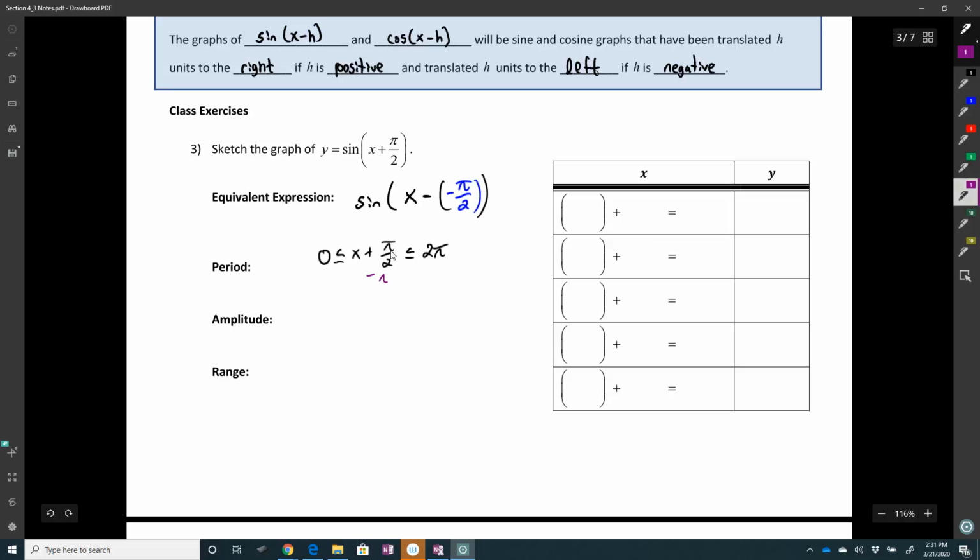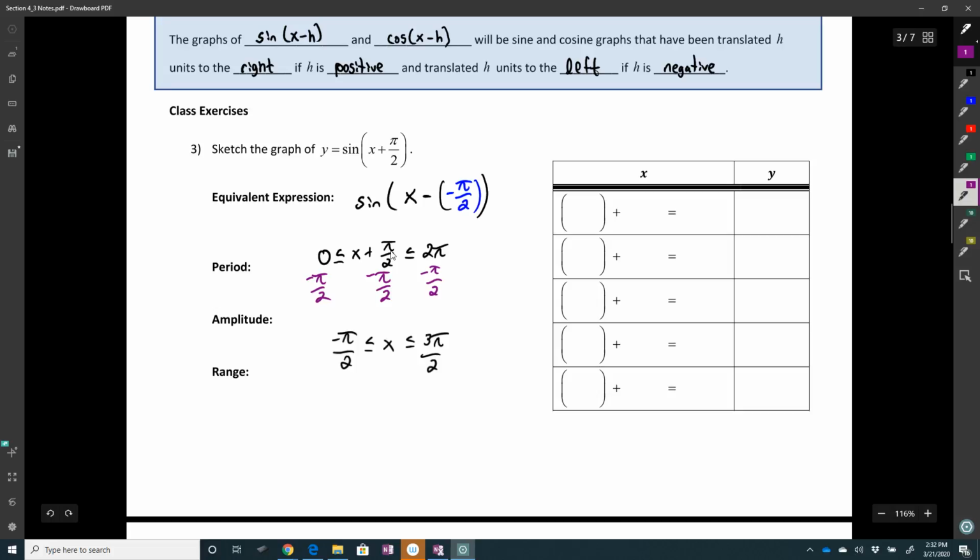If I subtract pi over 2, this becomes negative pi over 2, and then 2 minus a half is 3 halves. So this is just 3 pi over 2.